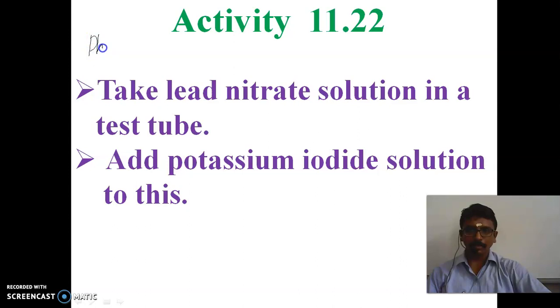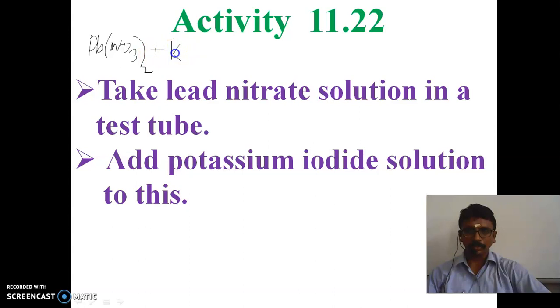Pb(NO3)2 is the formula for lead nitrate. And next we write the formula for potassium iodide.